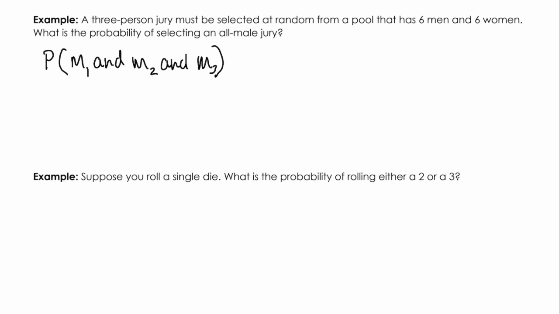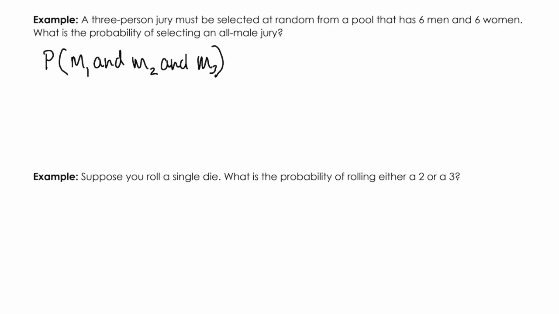This is an and statement, so we have to determine, is it dependent or independent? If I have 6 men and 6 women in a room, and I pick one, and then I go to pick another out of that room, the probability has now changed.